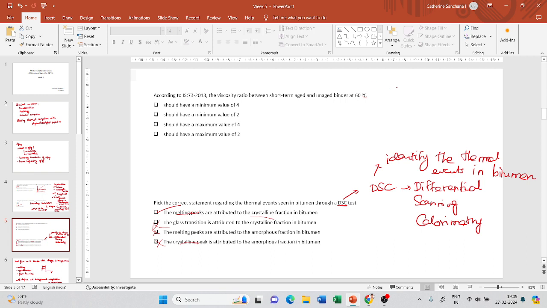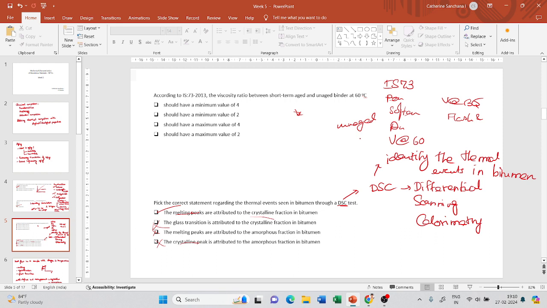So if you see the specification table in IS 73, there will be a list of tests, say penetration, softening point, ductility, viscosity at 60, viscosity at 135, flash and fire, and then these tests are performed on unaged bitumen.